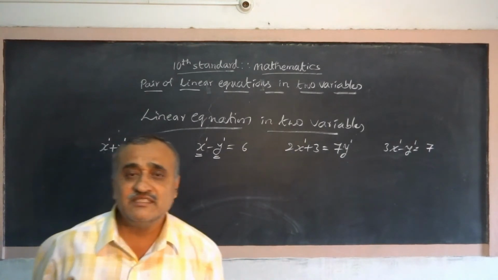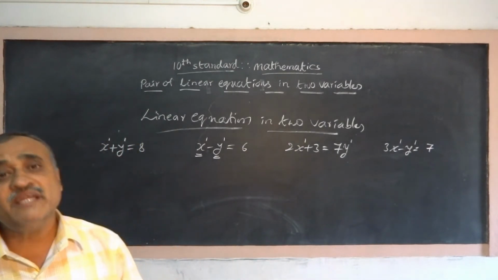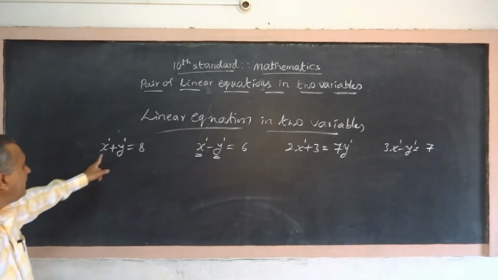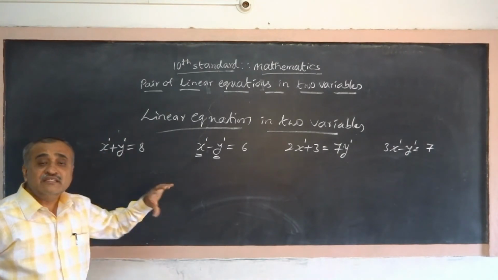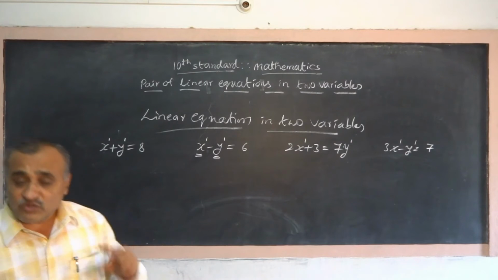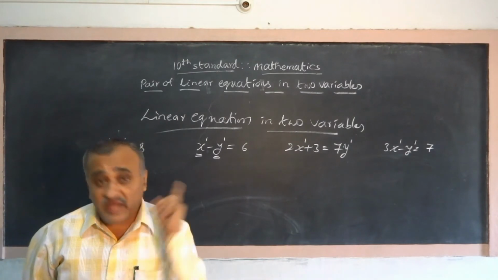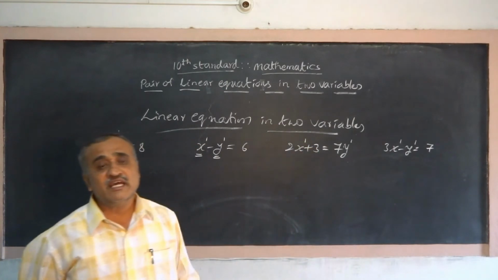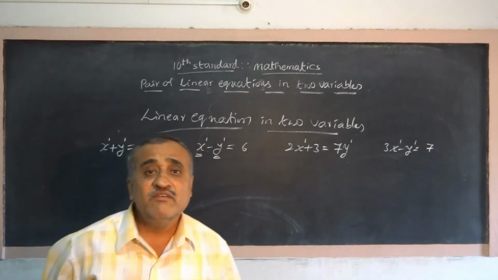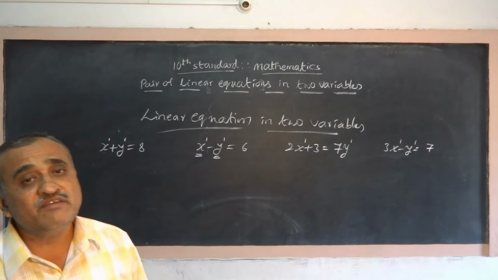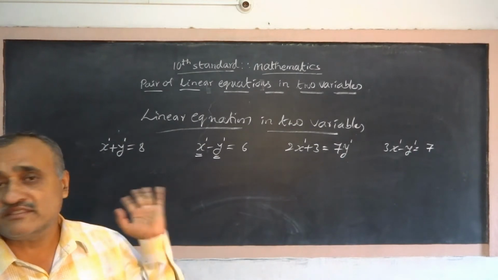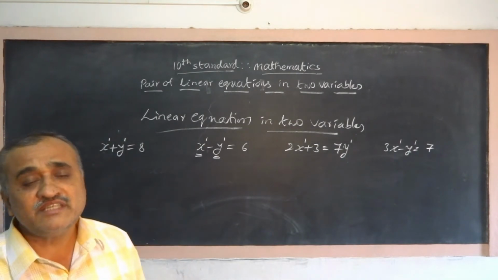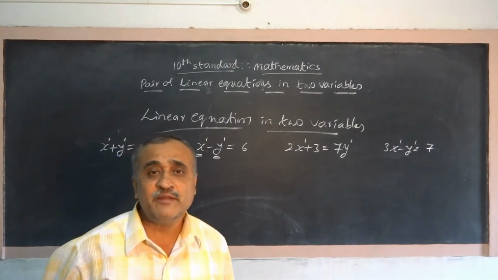In a mathematical equation, if two variables exist and the highest degree of those two variables is 1, then such a linear equation we call a linear equation in two variables.